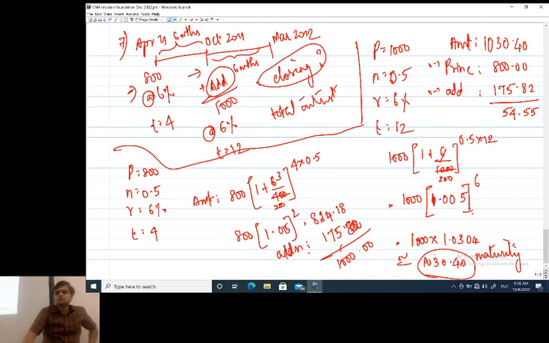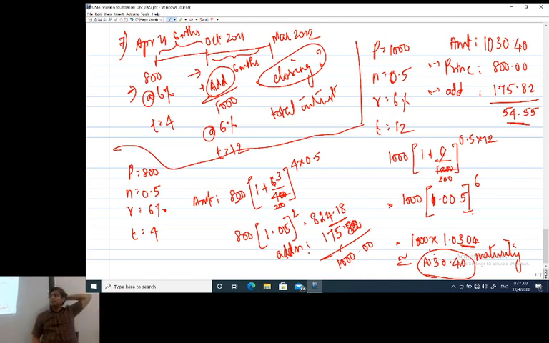What is this amount? Total interest from both the deposits. This is not a single deposit. You invested 1000, you got 30.04, so 30.04 is your interest. Before that you invested 800, you got 24.18. So 24 plus 30 will be equal to 54. This is the total interest earned from both the deposits put together.